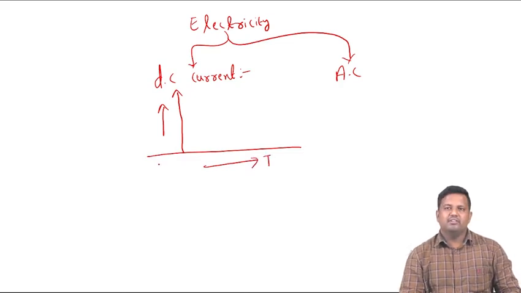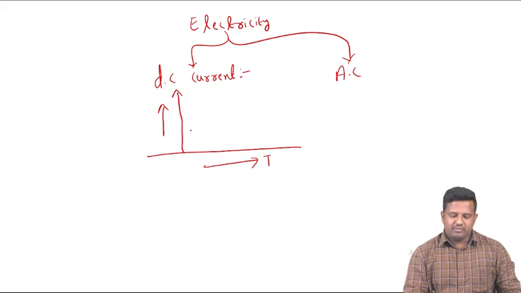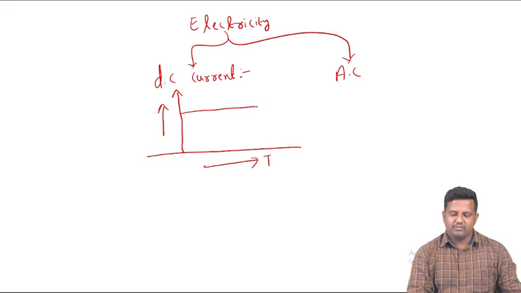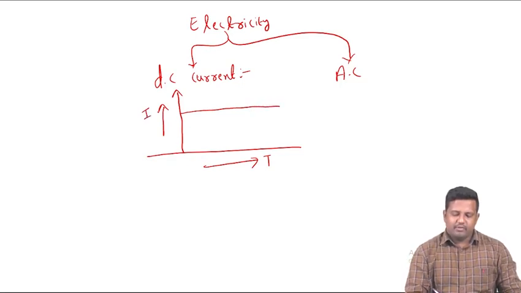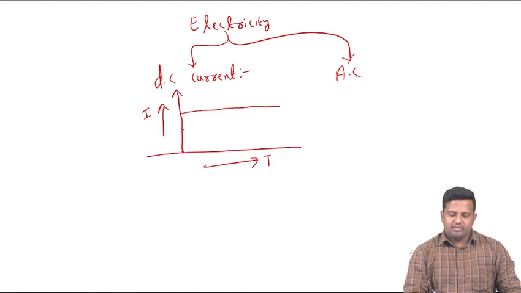DC current or DC signals have a magnitude, and that magnitude is always maintained constant irrespective of the time variation. At time t equal to 0, I would like to draw the DC current signal. It is a constant. Which means at time t equal to 0, this is the magnitude.